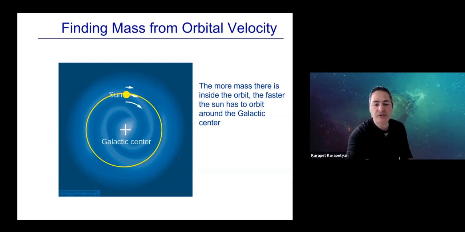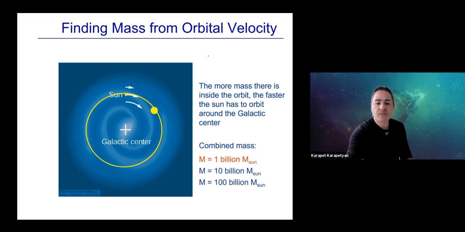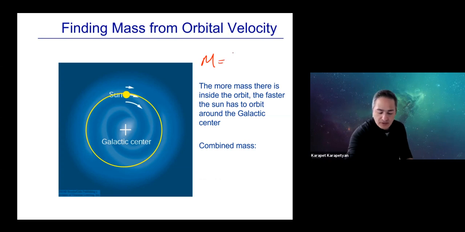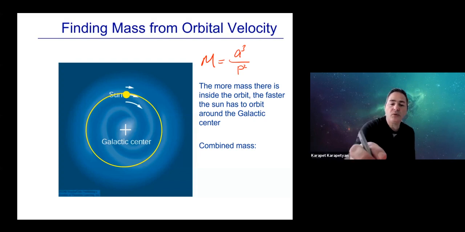So that equation was, let me go back. Let me give you the equation. The mass equals the distance a cubed divided by period p squared. We talked about this last time, where on the left side, it's the total mass.